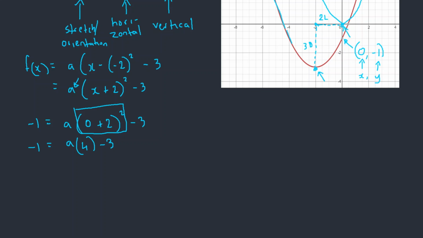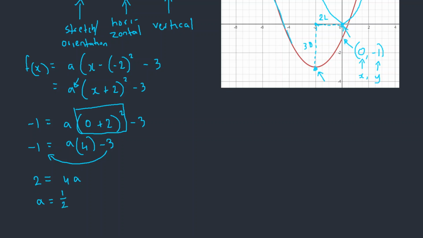I'm going to bring the 3 over to that side, and so I'm going to get -1 plus 3, which gives me 2. So 2 is equal to 4a. And so dividing both sides by 4, sorry, I get a is equal to half.